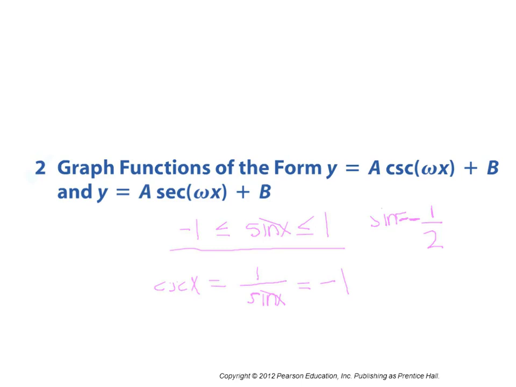Take the sign away. It's not the sine of; it's the sine equals. So when sine of x is equal to minus 1/2, the cosecant of x equals what?